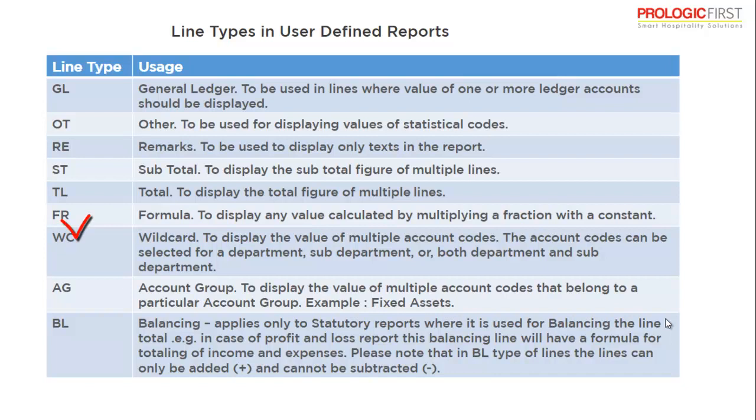To multiply a fraction with a constant, use FR. The wildcard line type can be used to display the value of multiple account codes of the same department or sub-department. For multiple account codes that belong to a particular account group, use AG. BL can be used for a balancing line.